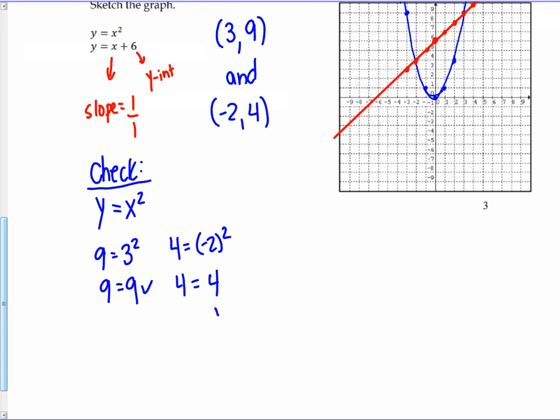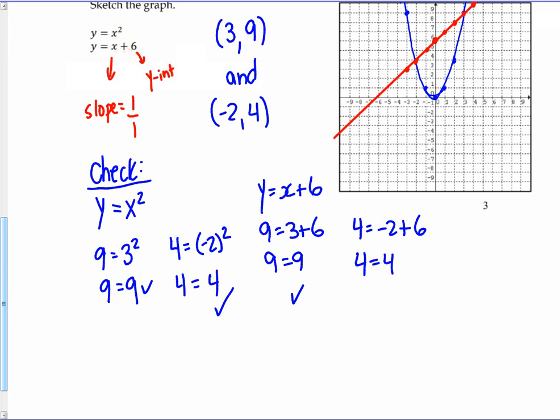Yes. Then we go to the other equation. It's such a pain when there are 2 solutions, because there are 4 things to check. Does 9 equal 3 plus 6? Yes. Does 4 equal negative 2 plus 6? Yes. So our solution's correct.